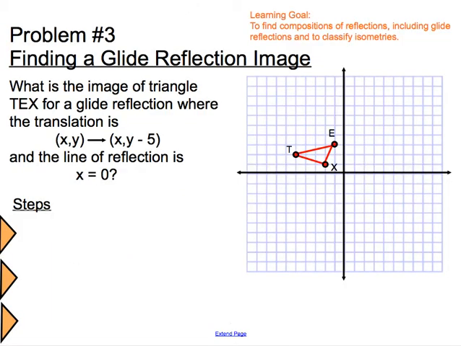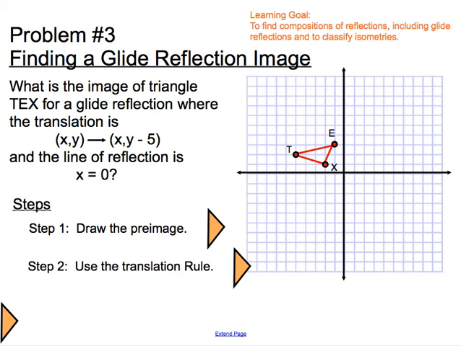So finding a glide reflection image. What is the image of triangle TEX for a glide reflection where the translation is (x, y) goes to (x, y minus 5), and the line of reflection is x equals 0, which is the y-axis? Our first step is to draw the pre-image, which in this case has been done for us.